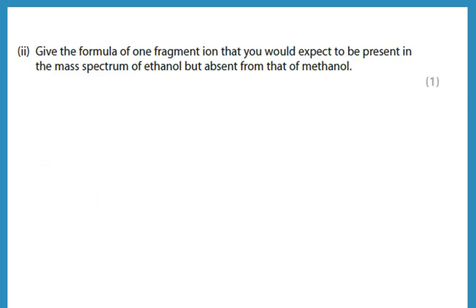Okay, here he's saying, in continuation of that question that we just did, give the formula of 1 fragment ion that you would expect to be present in the mass spectrum of ethanol, but not from methanol. So again, we remember this was the structure of methanol and ethanol. Now he wants a fragment that is present only in ethanol.